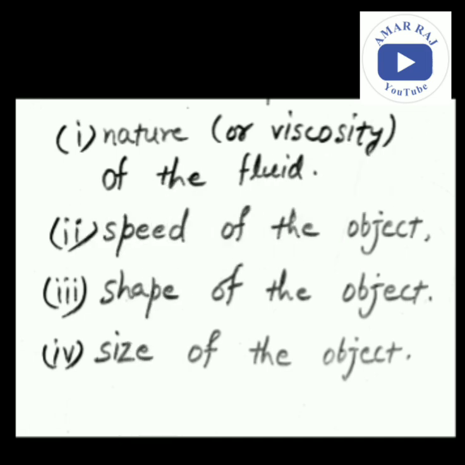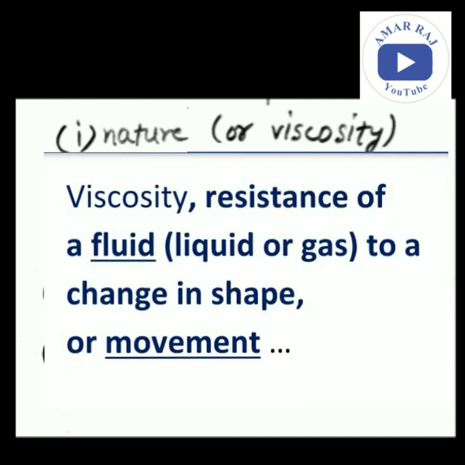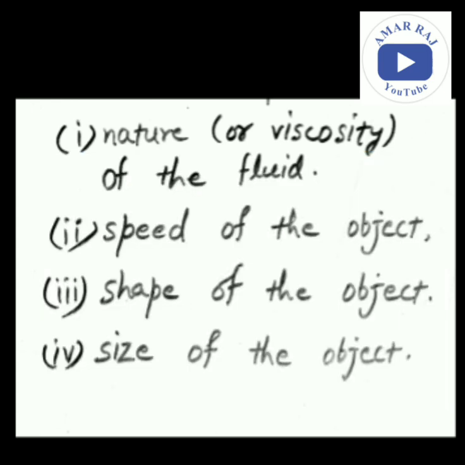Here students, you should know that viscosity is the property of fluid due to which it becomes sticky in nature, and it is difficult to flow among the layers of fluid. So viscosity is the property of fluid, and you will study about viscosity in further classes in detail.